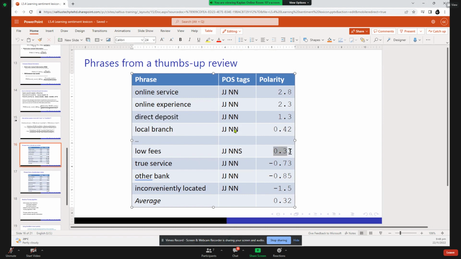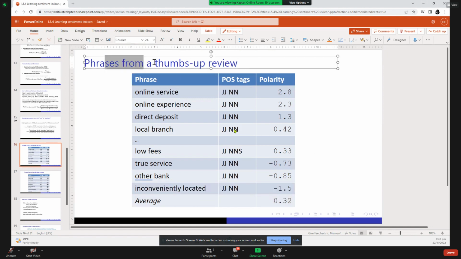Likewise, for many such phrases, there are some positive polarities and some negative polarities, and if you take the average of it, this collection of items has an overall positive polarity.